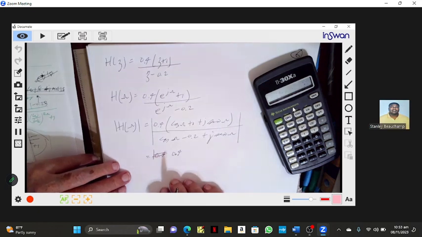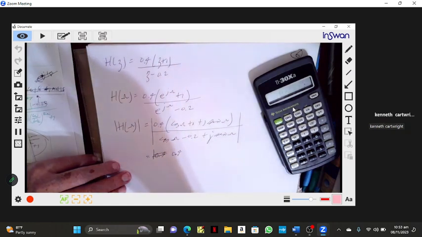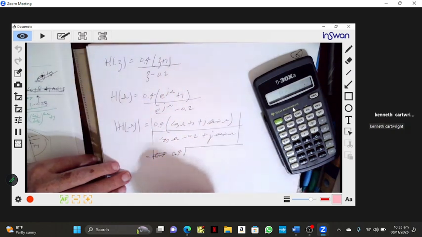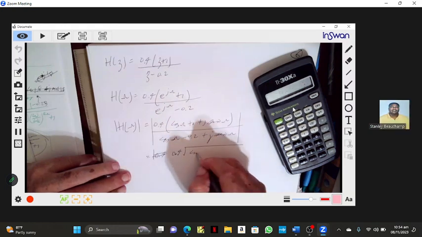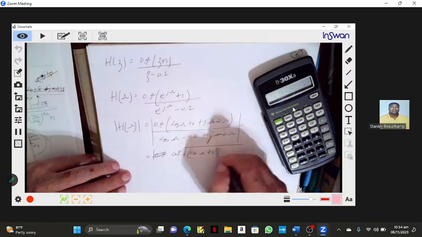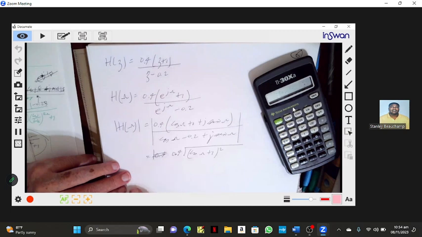So I was going to start it off with the square root. Square root of 0.4 cosine omega. No. 0.4 times the square root. Yes, go ahead. That's cosine omega plus 1 all squared, plus sine omega squared.